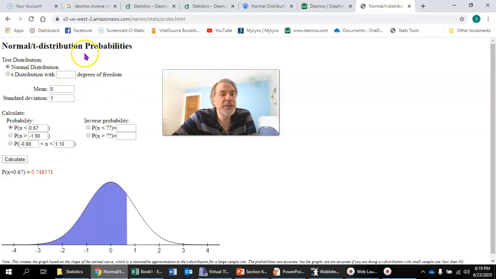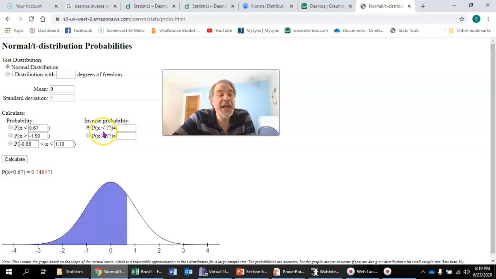And if you're using this website, make sure you've selected normal distribution and you have 0 for the mean and 1 for the standard deviation. And we're going to be over here on the inverse probability. So we want this first one.